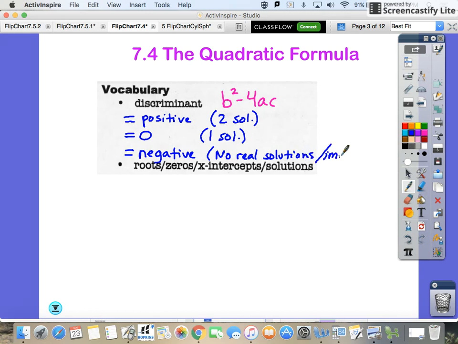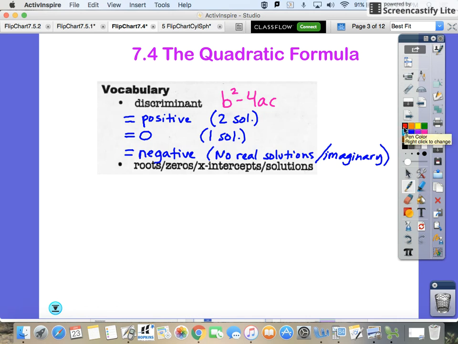Another name for it is imaginary, and we'll start that in the next section. So if it's positive, there are two solutions. If it's 0, there's one solution. If it's negative, there are no real solutions. If you type the square root of a negative in your calculator, it will say non-real answer. You just can't take the square root of a negative.